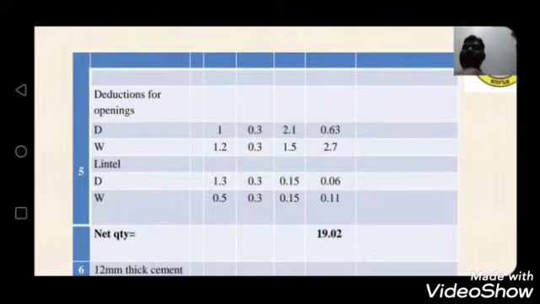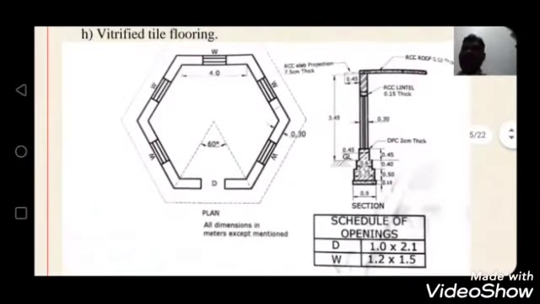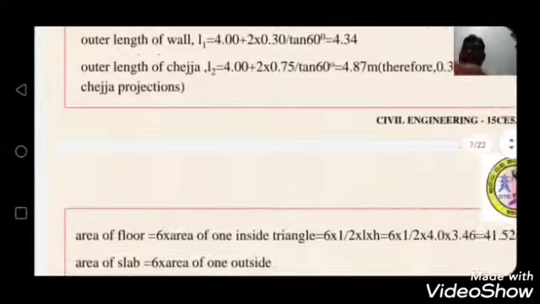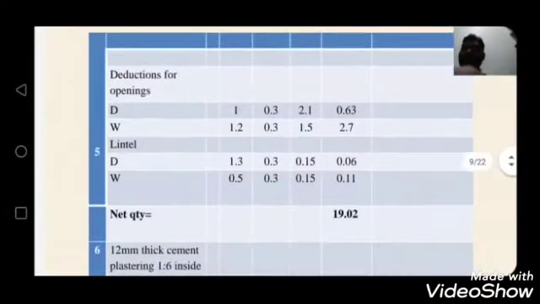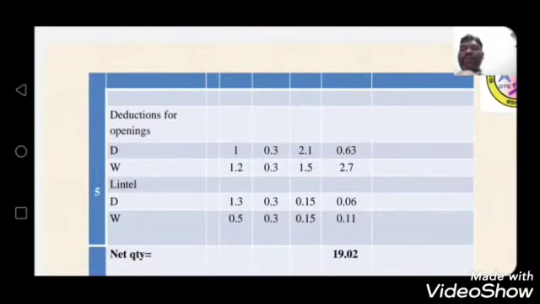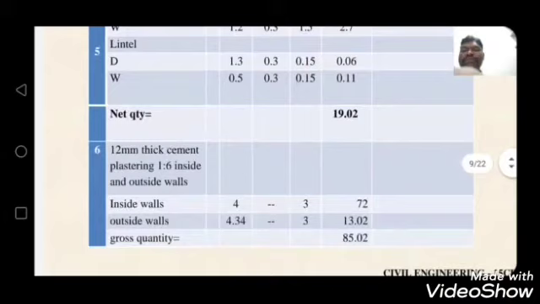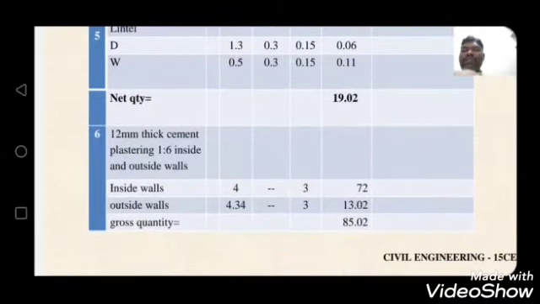W 1.2, 5 numbers, into 1.2 into 0.3 into 1.5, 2.7. Lintel: 1.3 into 0.3 into 0.15, 0.06; 0.5 into 0.3 into 0.15, 5 numbers, 0.11. Net quantity is 19.02.